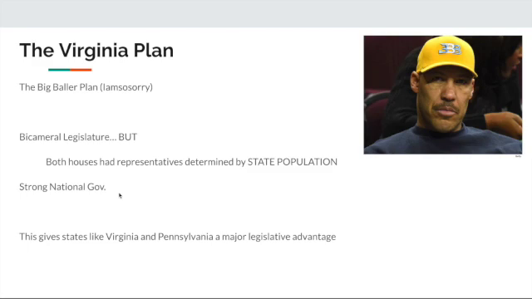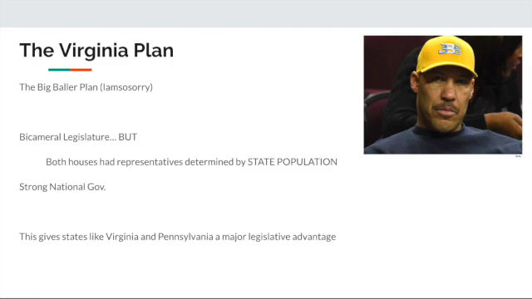They want a strong national government, but the best way in their eyes for that to happen is to have the voices of the big states heard most often. And when I say big states, I mean big by population, not by square mileage. Size does not matter. Excuse me. So, key to the Virginia plan: state population, state population, state population.